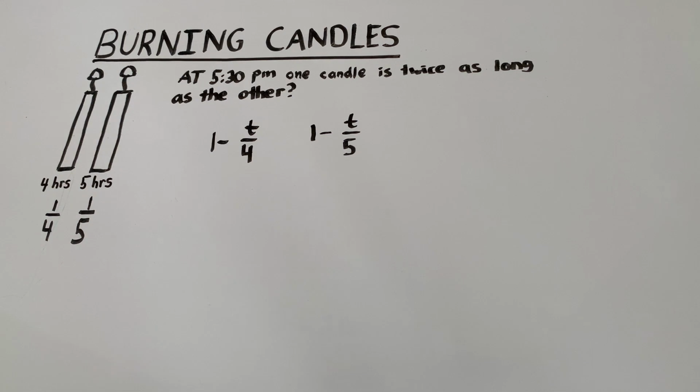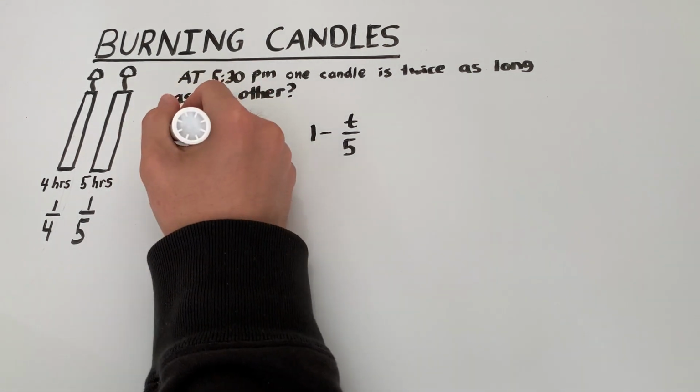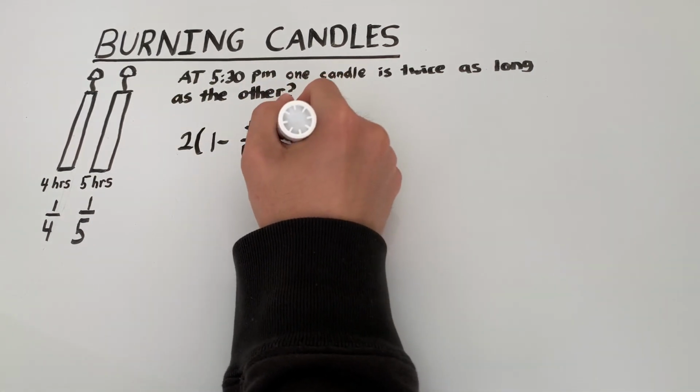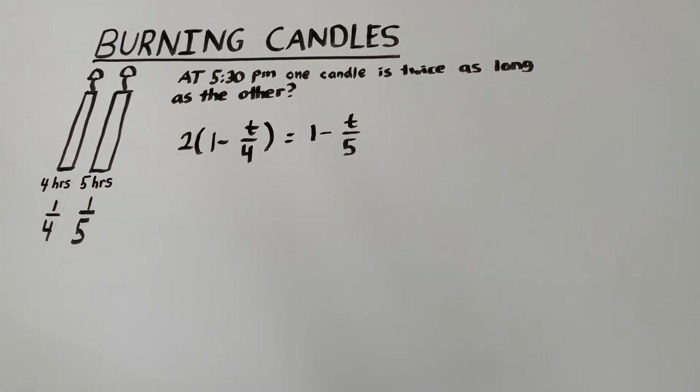Because it burns at a slower rate, after a certain amount of time, there will be more candle remaining than the 4-hour candle. So the 5-hour candle will be twice as long as the 4-hour candle after T hours.